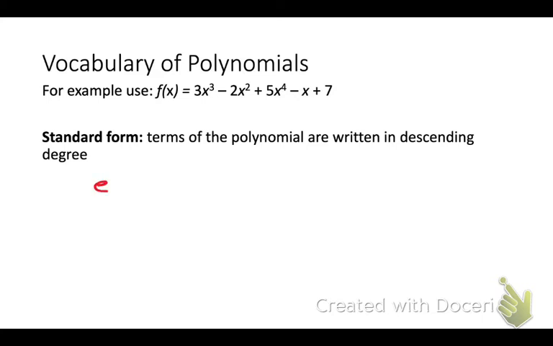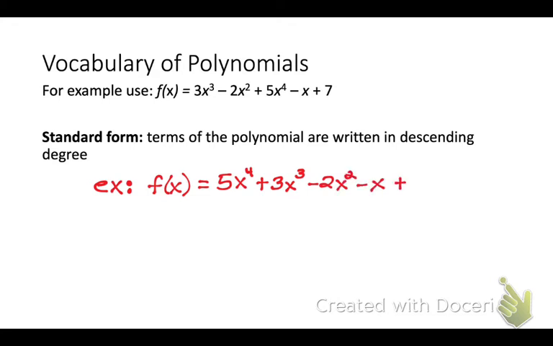So in standard form, f of x is equal to 5x to the fourth plus 3x to the third minus 2x squared minus x plus 7. So I'm going from 4, 3, 2, 1 to 0.